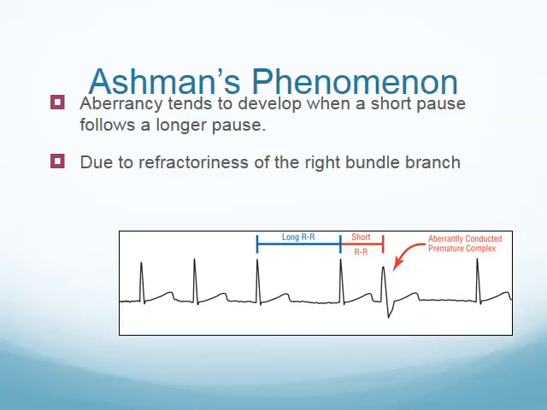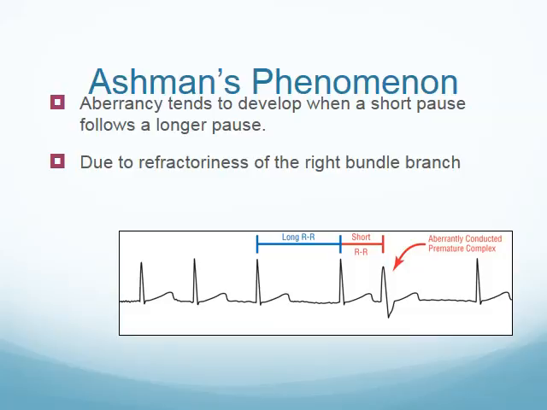Okay, for a moment, we're going to talk about Ashman's phenomenon. You remember we talked about aberrant conduction; here's a little better explanation. Aberrant conduction is basically the result of the incomplete return to normal of the ventricles or the Purkinje fibers.